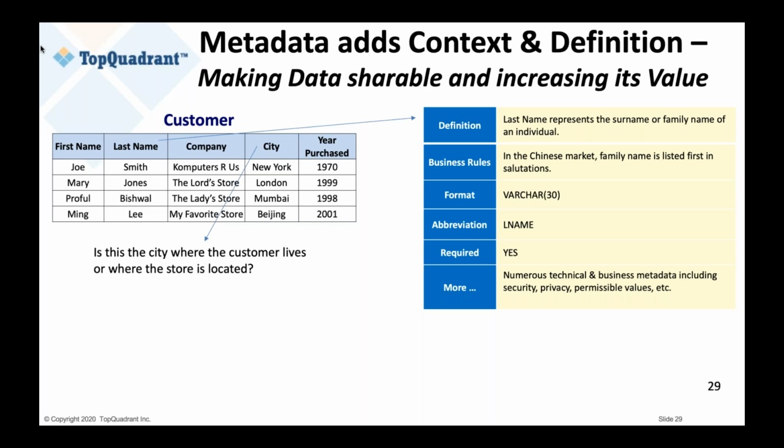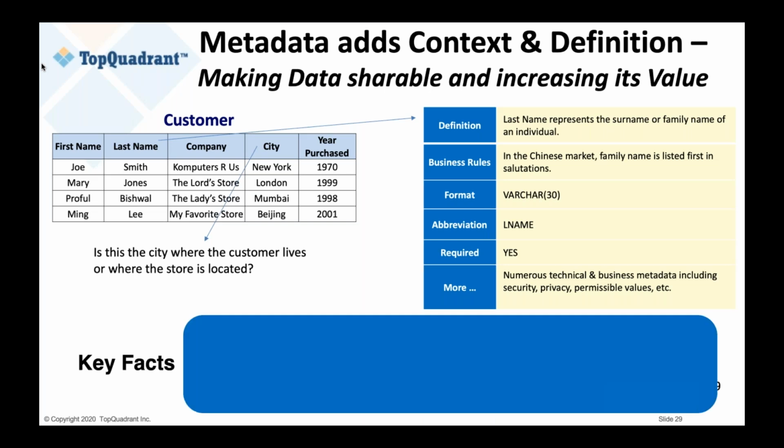You may want to know what format it is, whether it's required or not, the min and max values, etc. And all of this is a kind of rich metadata that is necessary in order to have meaningful data and to have data-centric architectures.